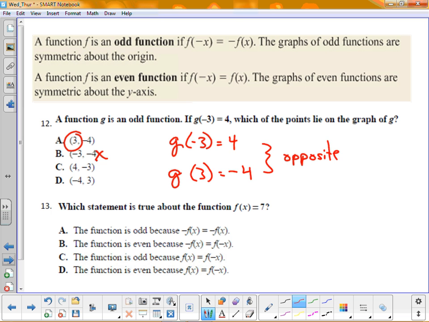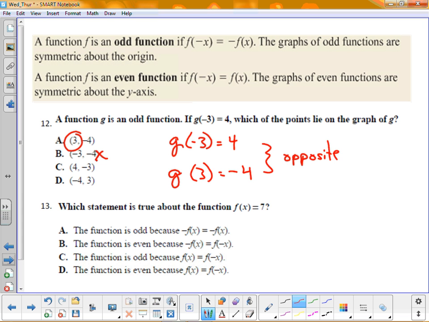All right. Which is true about the function f of x equals 7? If I plugged in a negative in front, would that give me -7?